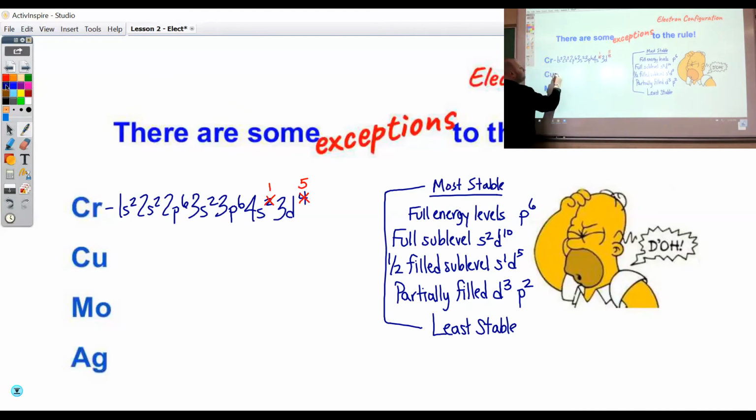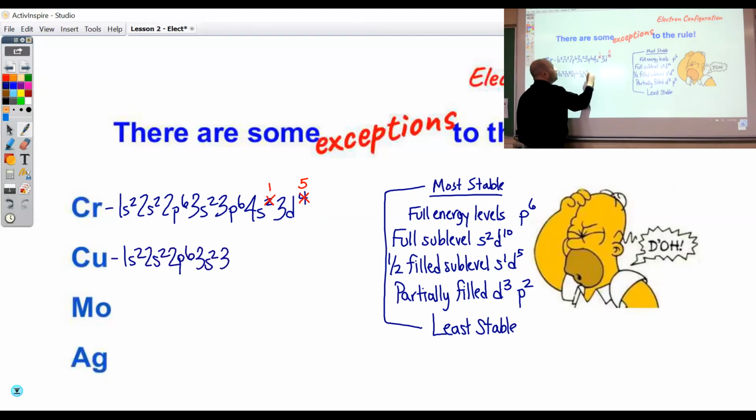With copper, we have something similar. So we have 1s2, 2s2, 2p6, 3s2, 3p6, 4s2, 3d9. That 3d9 gets changed.